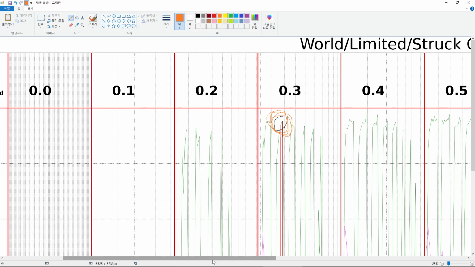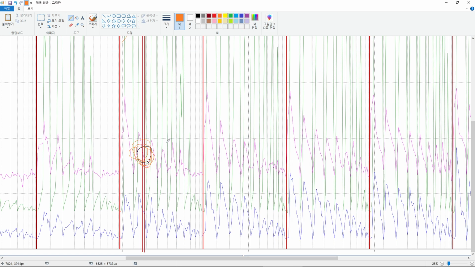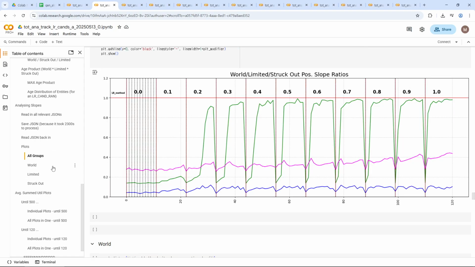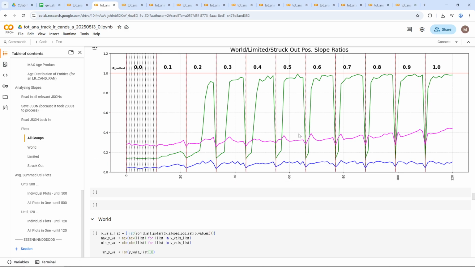That's why the positive slope ratio just skyrockets for the limited and plummets for the struck out. And I believe the same can be seen here as well, or something very similar. If they go up, the positive slope ratio goes down.